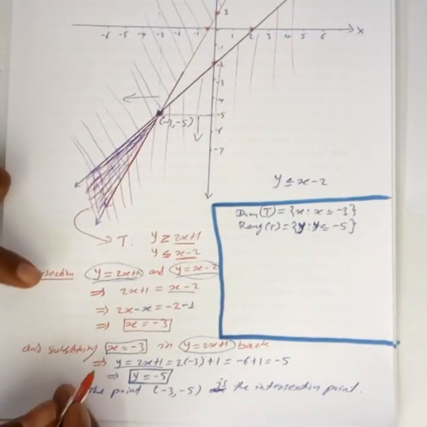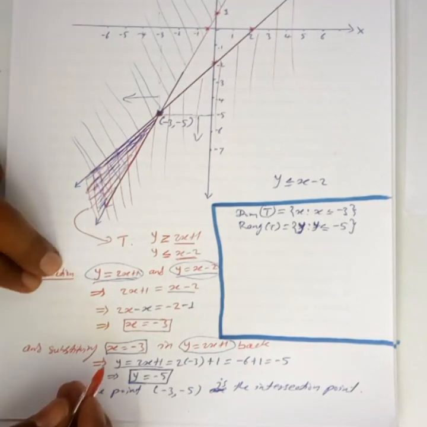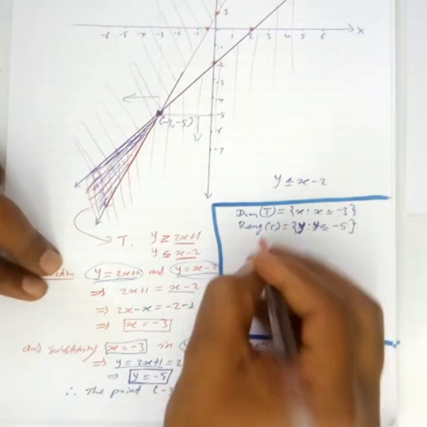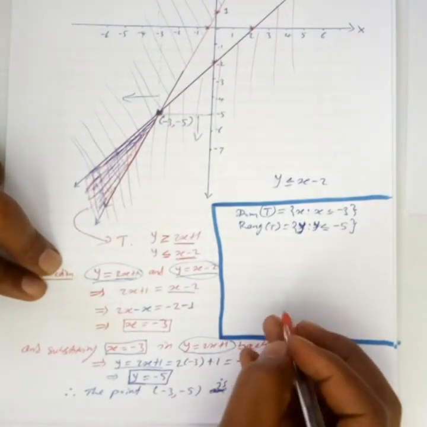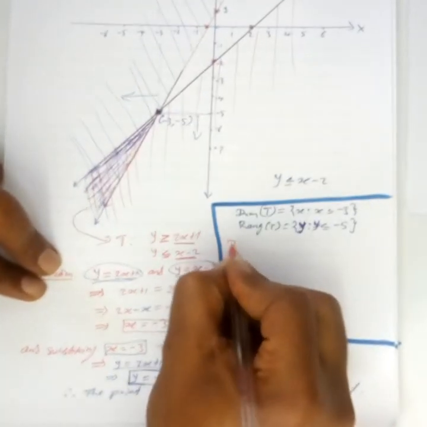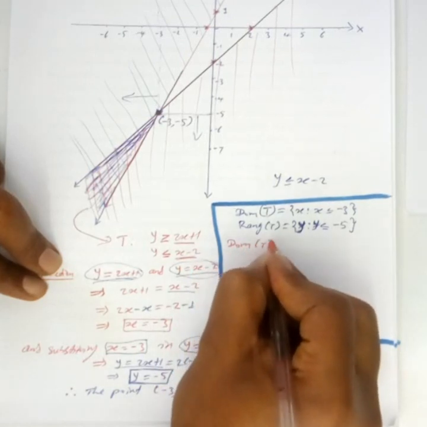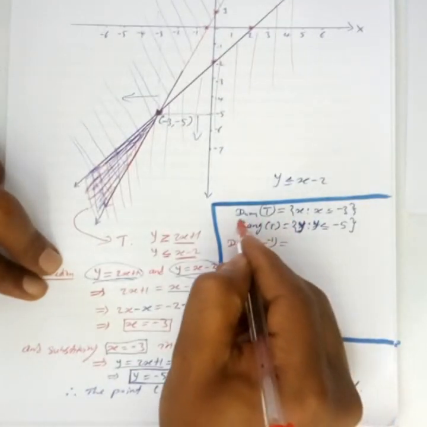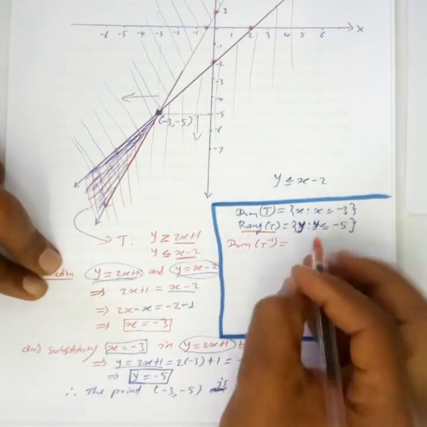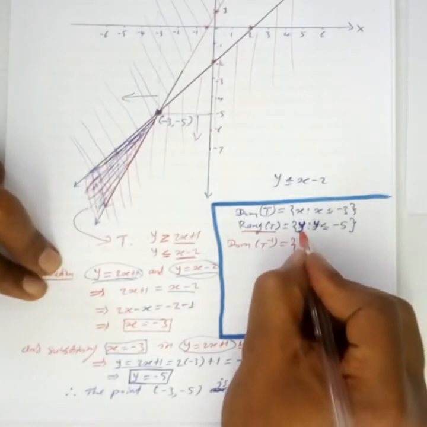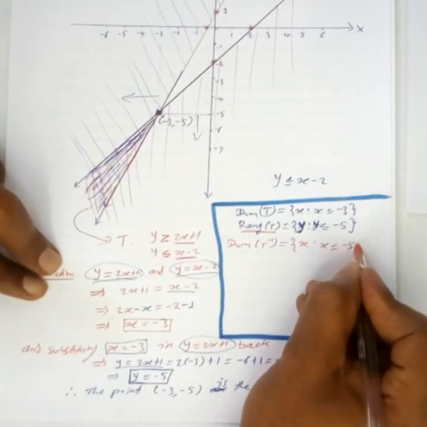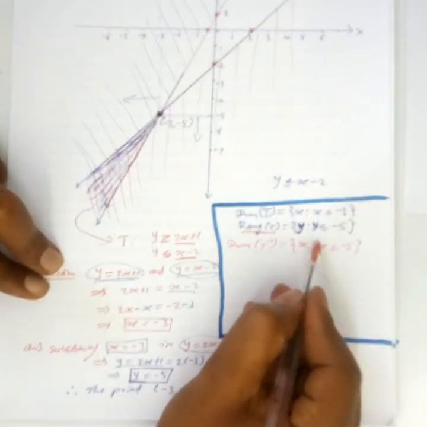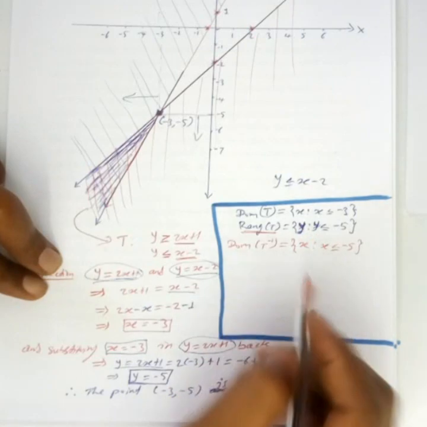Then after, by taking the relation of the property of domain and range of relation and its inverse, you can easily determine the domain of T inverse and range of T inverse as follows. Domain of T inverse is the same as range of T, which is x such that x is less or equals to minus 5.